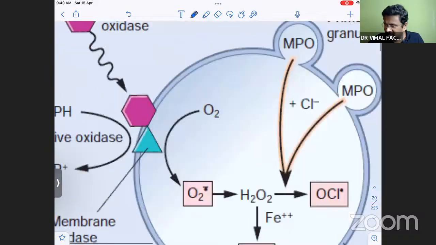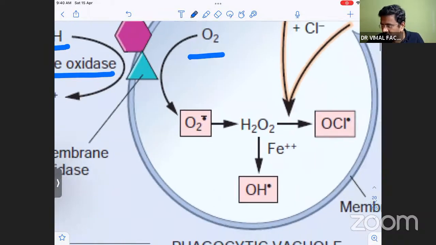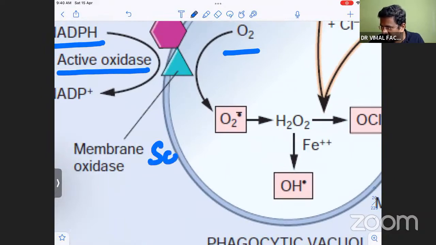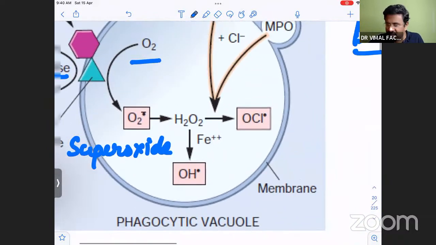With the help of an enzyme called NADPH oxidase, this oxygen gets converted into superoxide. Then a variety of other reactions occur: superoxide is converted into hydrogen peroxide, and hydrogen peroxide is converted into hydroxyl ions.